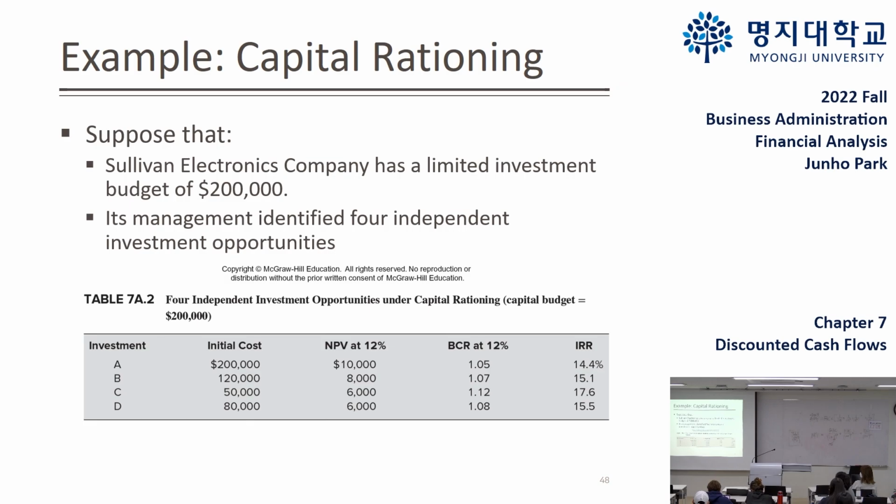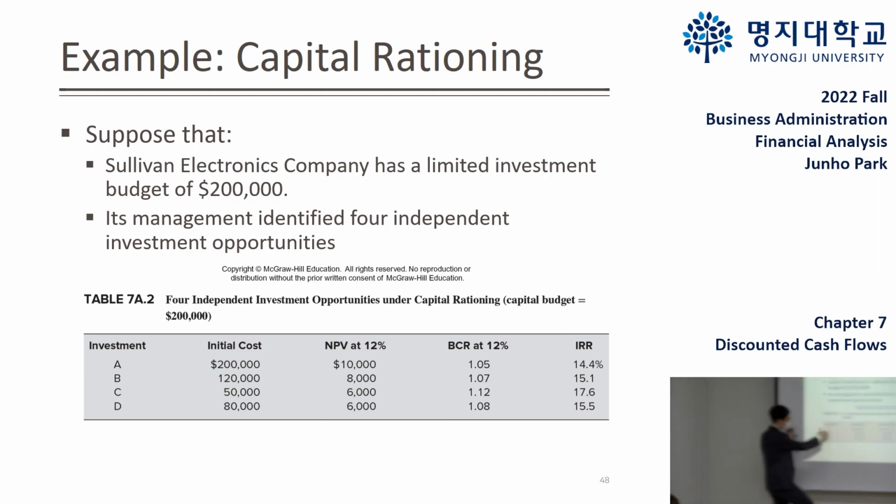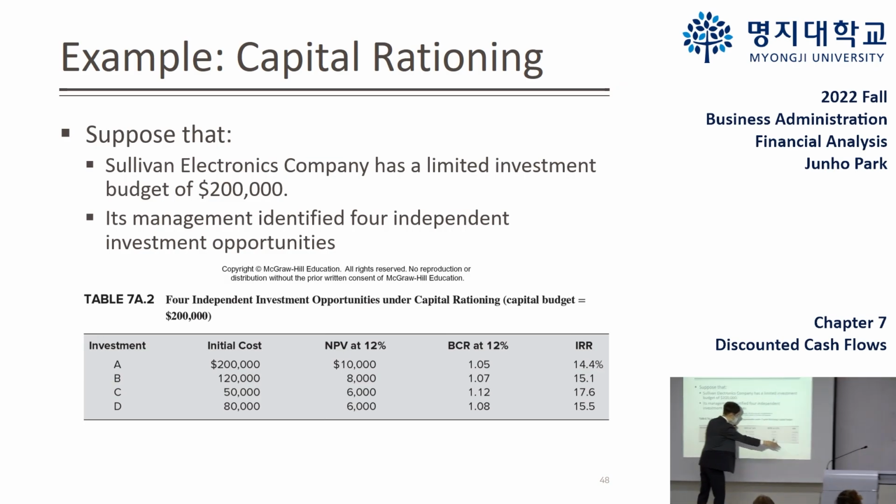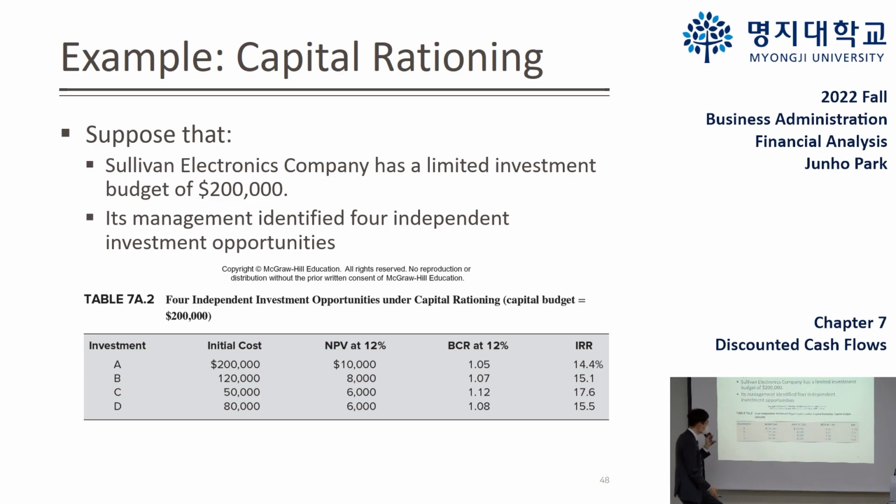So they are very different in their size. And the analyst already calculated the NPV, net present value, and the benefit cost ratio, and the internal rate of return for us. So we are going to use these criteria, and it depends on the characteristics of the investment. Let me provide more details.